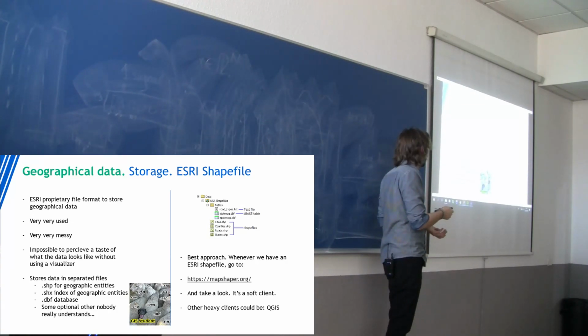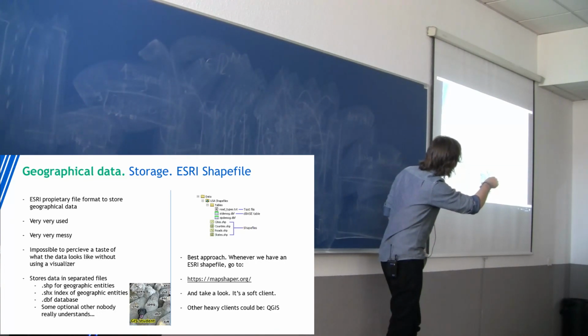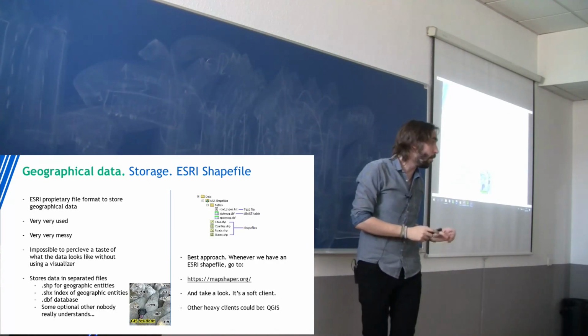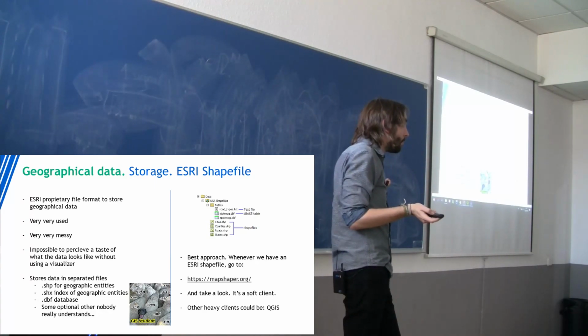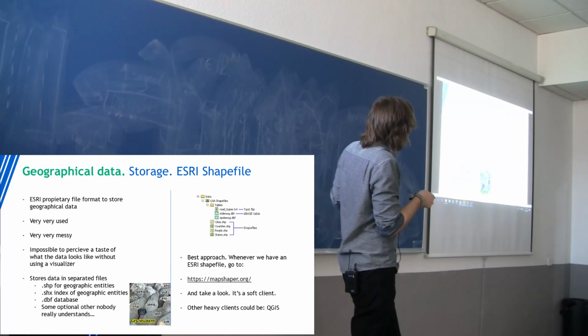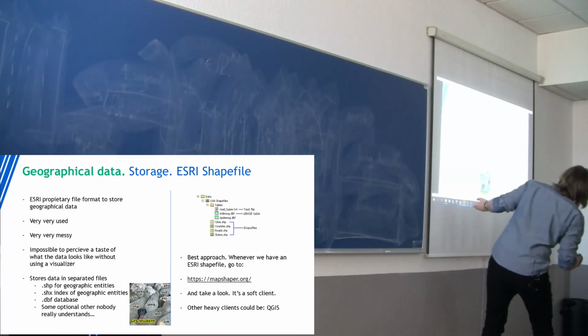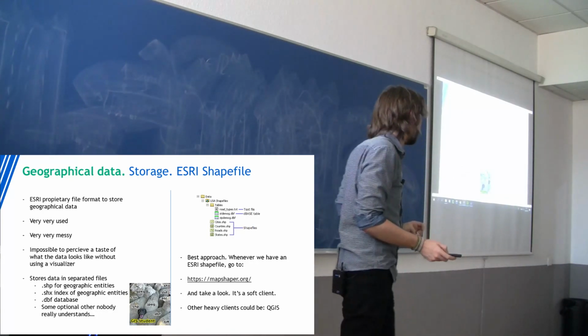But what is the problem? I mean, if I'm given something like this, one SHP file, one of these, and some others that are optional and that almost nobody knows, I have no idea what is inside. I don't know, unless it has a name. Cities. Okay, cities.